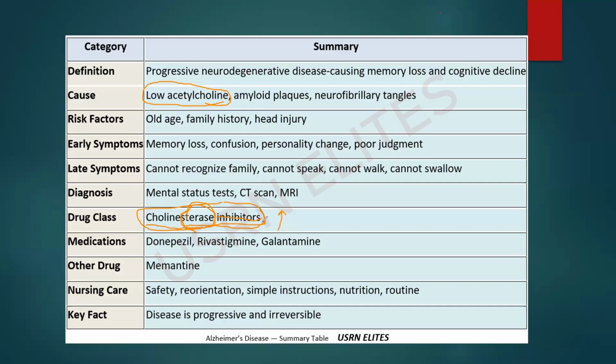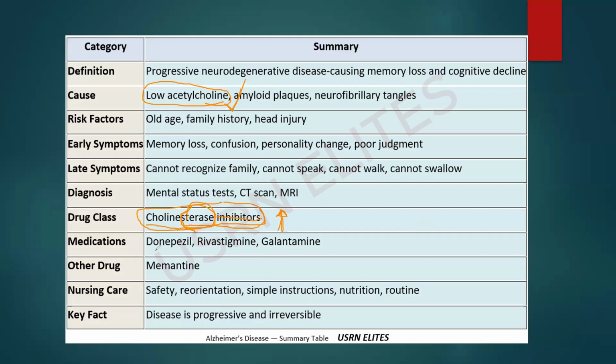So if at the end of the day this drug will end up increasing acetylcholine, then it means we can have our treatment modality, or we can have our cause being treated. So we use cholinesterase inhibitors to treat Alzheimer's disease.